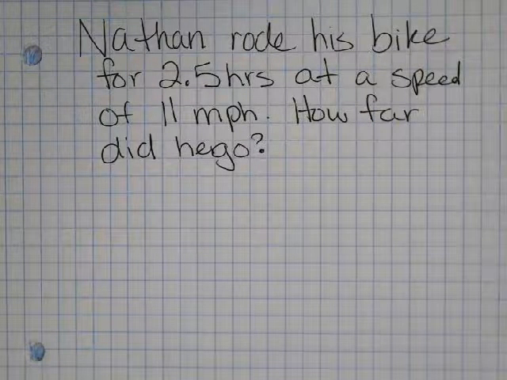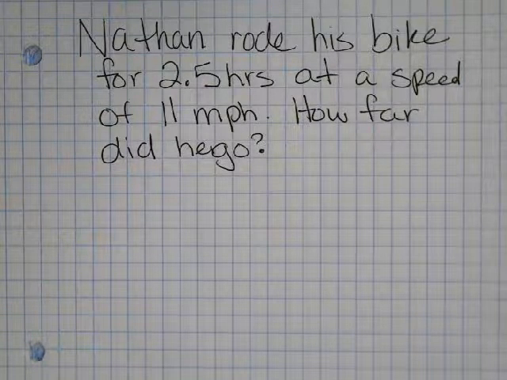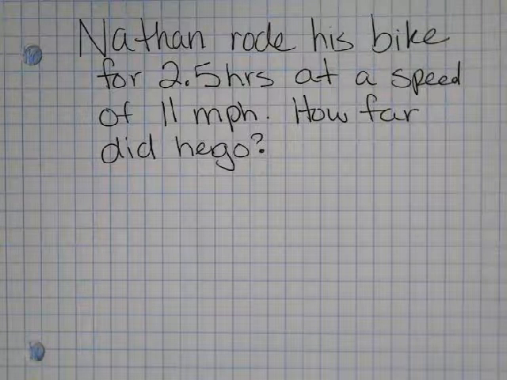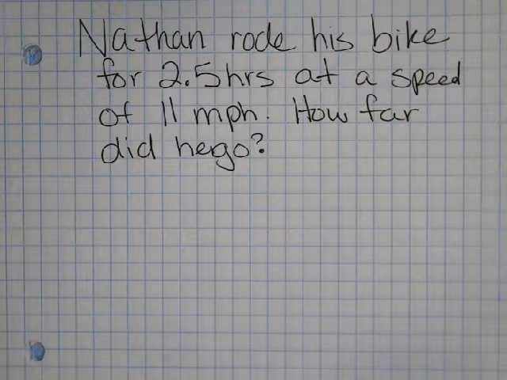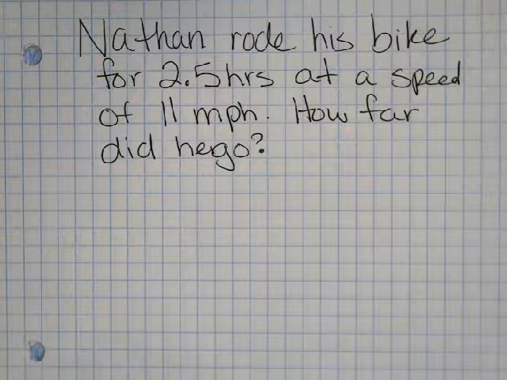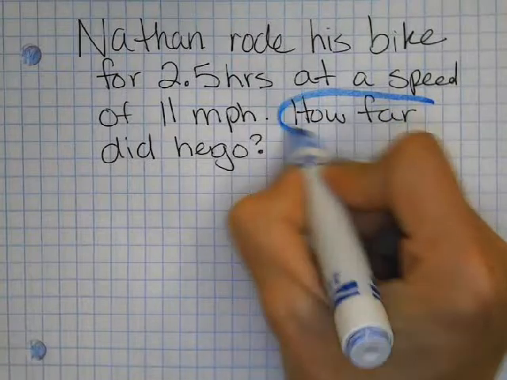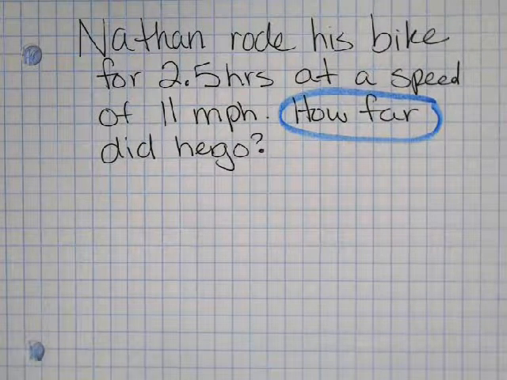Okay. What is the question asking you? Okay, what is it not giving you? What is it asking you to solve for? How do you know, Ernesto, that it's distance? So circle that.